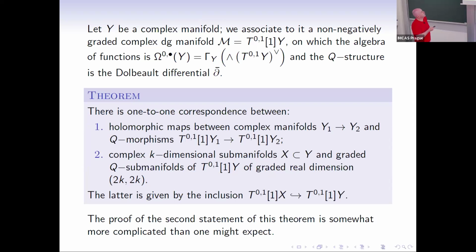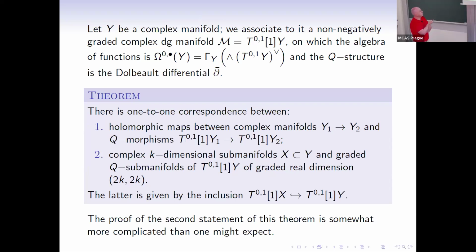Look at the differential forms of degree (0,q). These will be viewed as functions on this manifold. And then the Dolbeault operator gives a kind of Q structure. Why is it weird? Because it's smooth on the base and complex on the fiber, but it's not complex analytic. If it were complex analytic, the operator would vanish, of course.